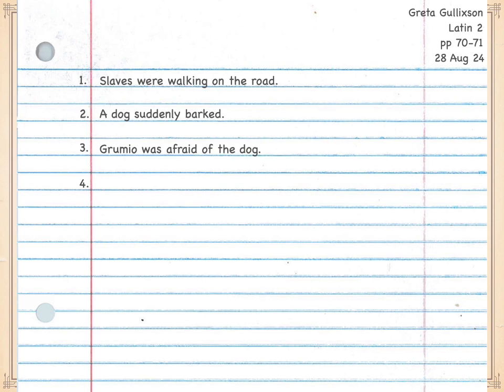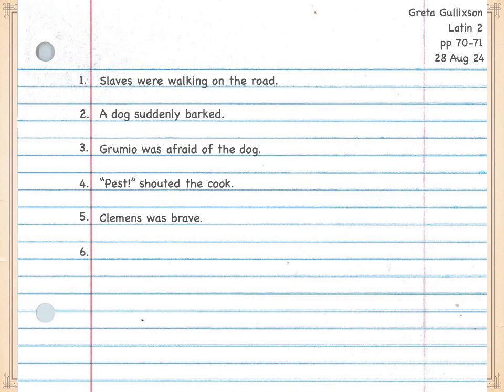Four. Pestis, clamavit cocus. Pest, shouted the cook. Five. Clemens erat fortis. Clemens was brave, but again, we see erat is in the imperfect. He began to be brave, he continued to be brave as he saw that dog.